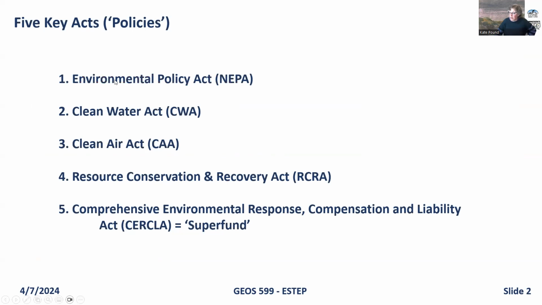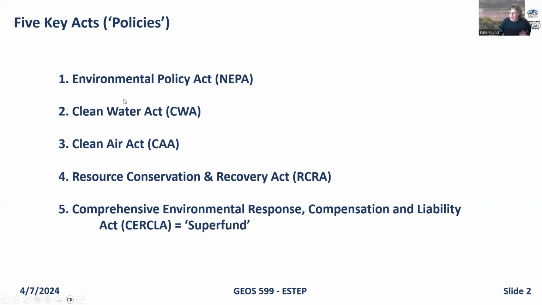So I mentioned there are 5 key acts or policies, 1 through 5 here. And this is kind of an alphabet soup of policies. What we're going to think about is, in particular, the Clean Water Act. You've looked at surface water and groundwater.